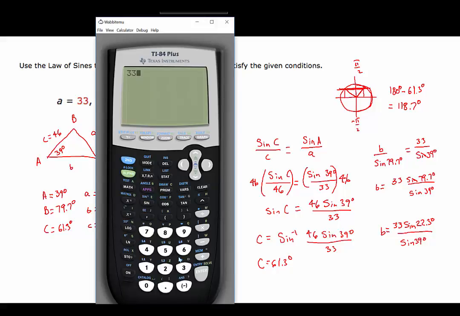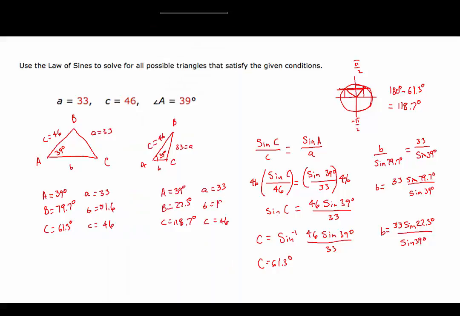So we have 33 times the sine of 22.3 degrees divided by the sine of 39 degrees. And that will give us a value of 19.9 for side B in the second triangle.